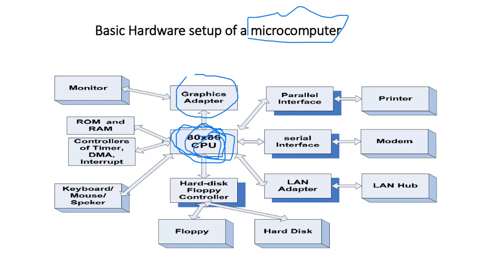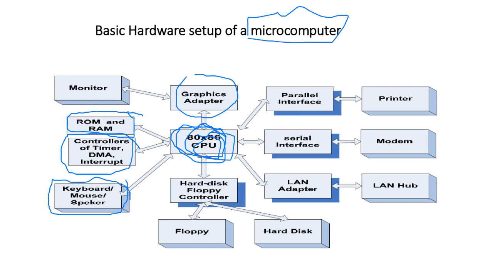And it has some external memory devices like ROM and RAM, and also timer, DMA, interrupt things. And also some input devices like keyboard, mouse, speaker. They're the input units.